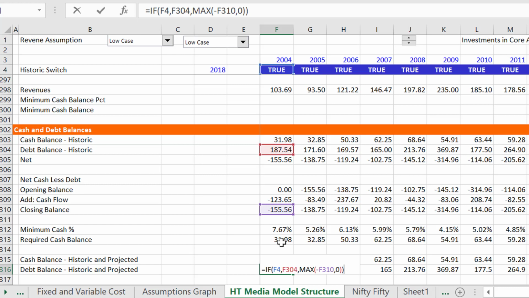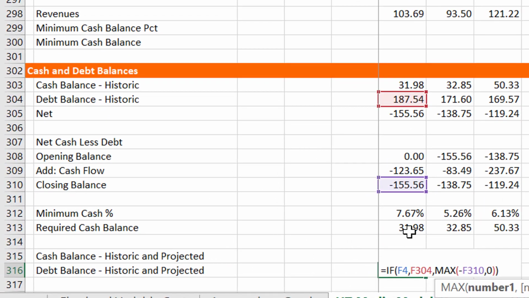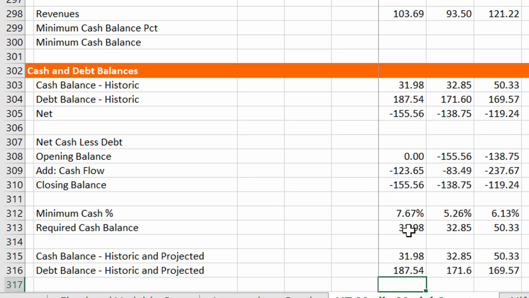So we need to adjust this one as well. So when it's negative, we switch it to the positive. But when it's negative, we have to add additional amounts of debt. So we'll make it plus this required cash balance.